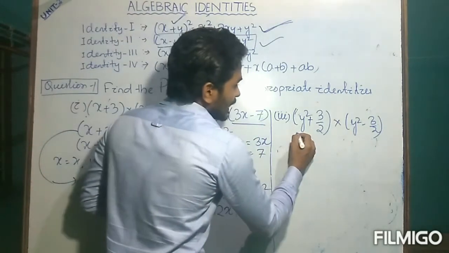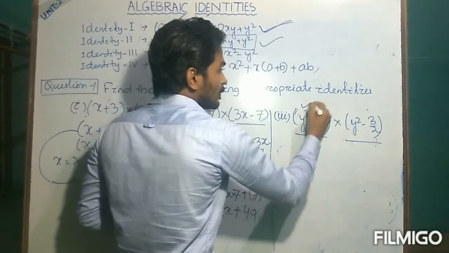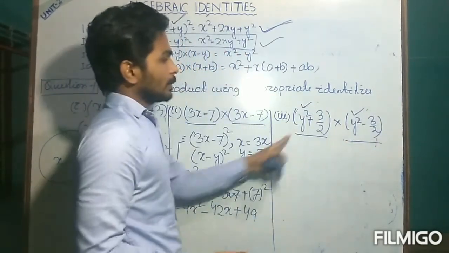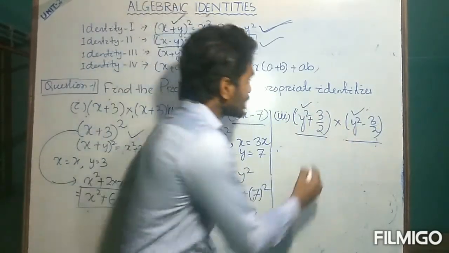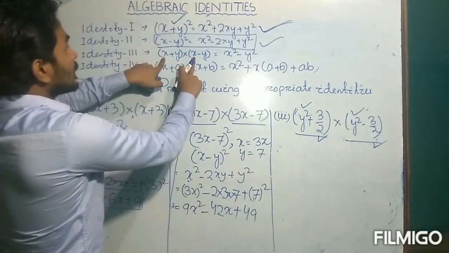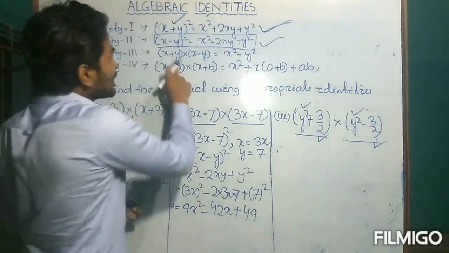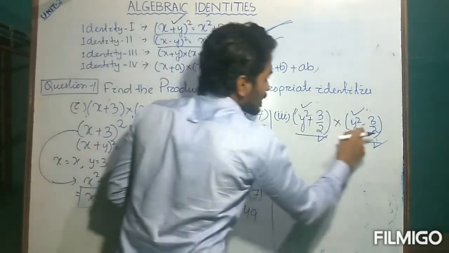You can see in the first term and in the second term, in these two terms, the first places are equal. Here y square, here y square. And the second places are also equal. First place equal, second place also equal. Only difference is plus here, minus here. Here also plus, here also minus.